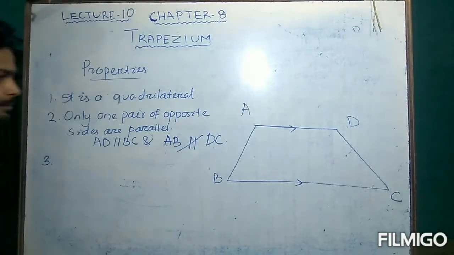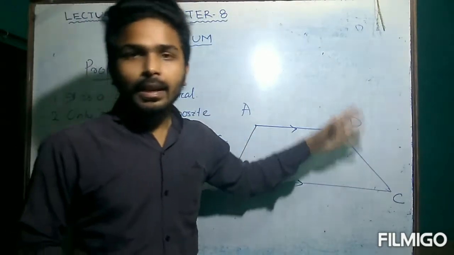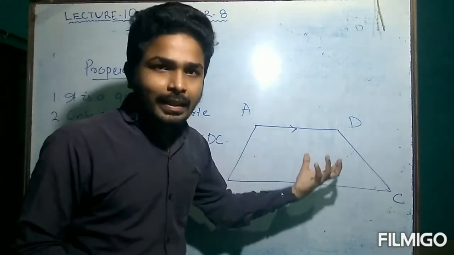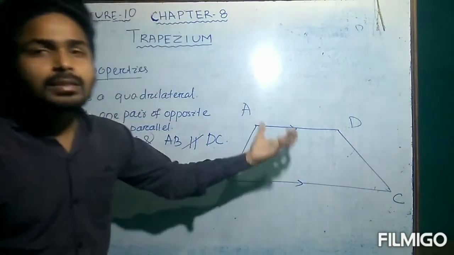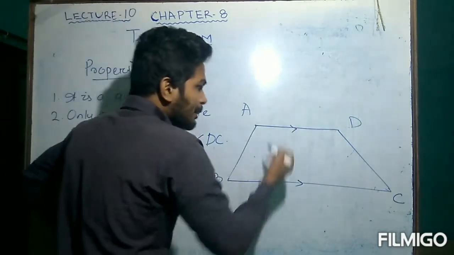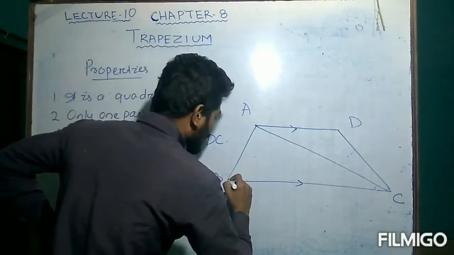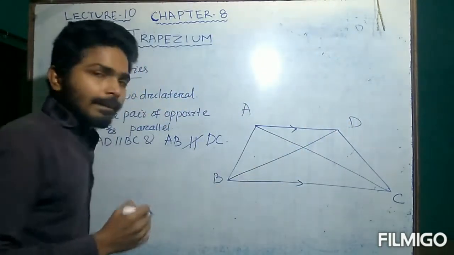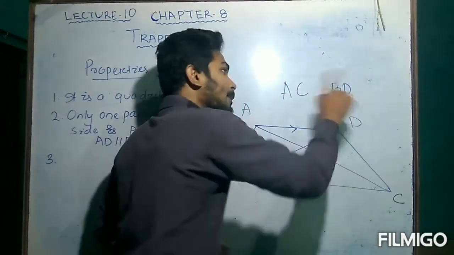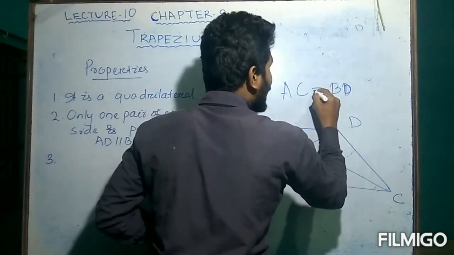Now the third property. In case of a trapezium, we cannot say the value of each interior angle. Like in a rectangle each angle is 90 degrees, but here each angle may be 90 degrees, 45 degrees, 60 degrees or 120 degrees. And in a trapezium, if we draw the two diagonals, let's say AC and BD, then the lengths of AC and BD may be equal or may not be equal.